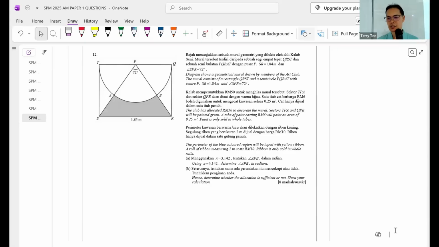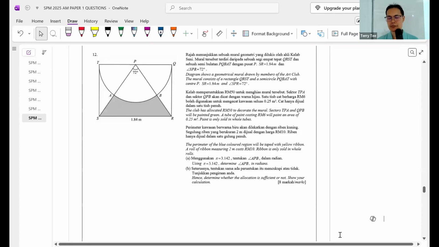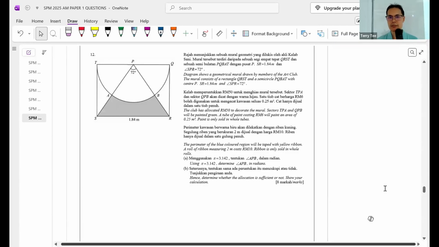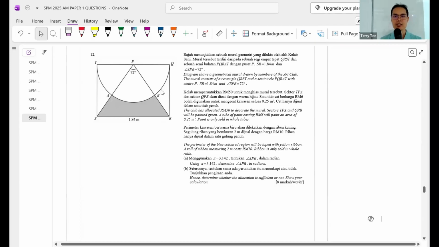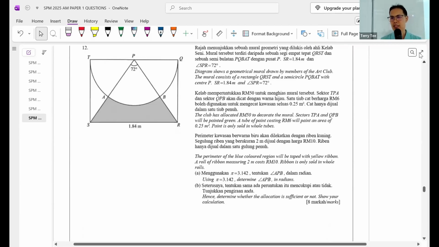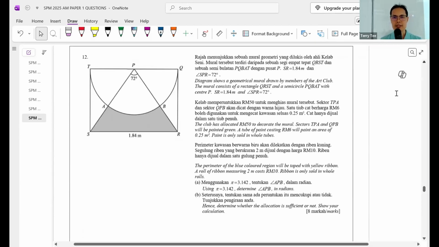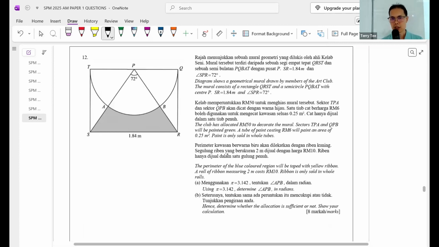Okay, question number 12. The diagram shows a geometrical mural drawn by members of the art club. The mural consists of a rectangle and semicircle. Sorry, I have to zoom out because I need more space. Now, the club allocates 50 ringgit to decorate the mural.